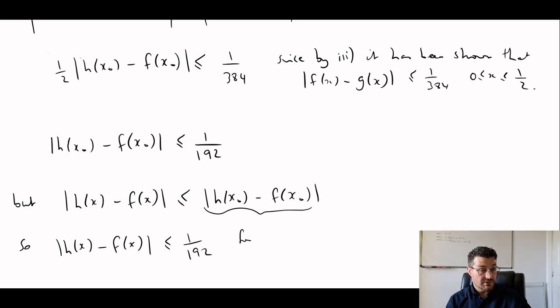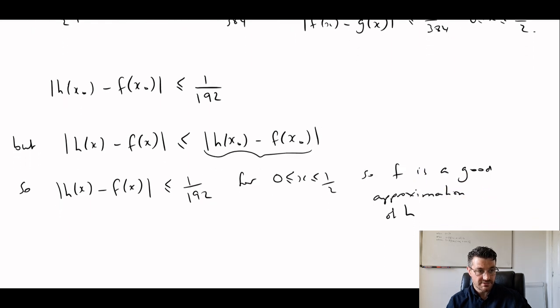So therefore, for 0 less than or equal to x less than or equal to a half, f is a good approximation of h. Okay, I'll scroll down a little bit so you can see that.